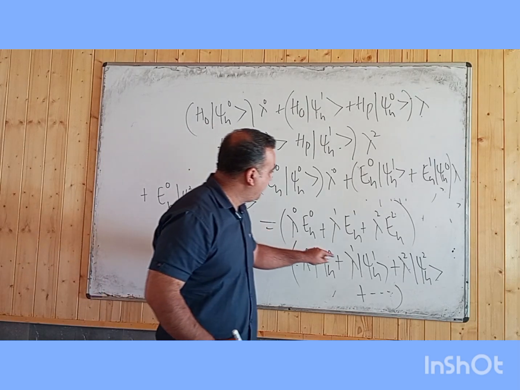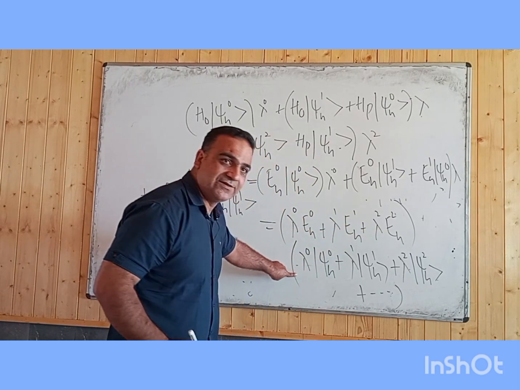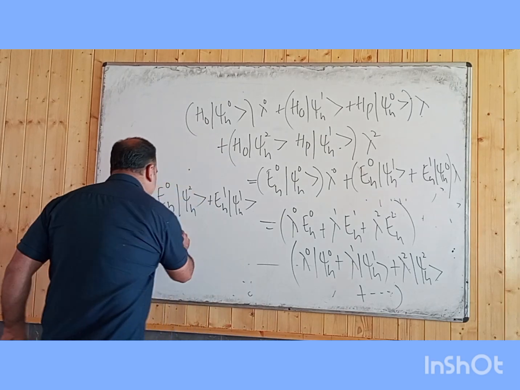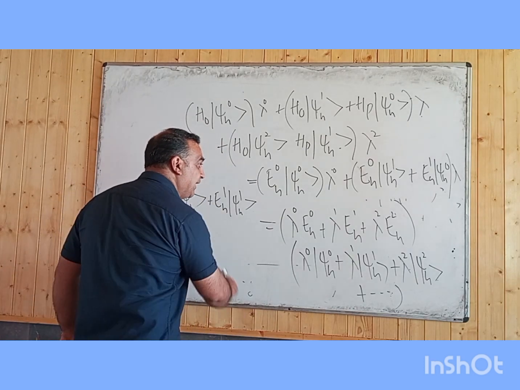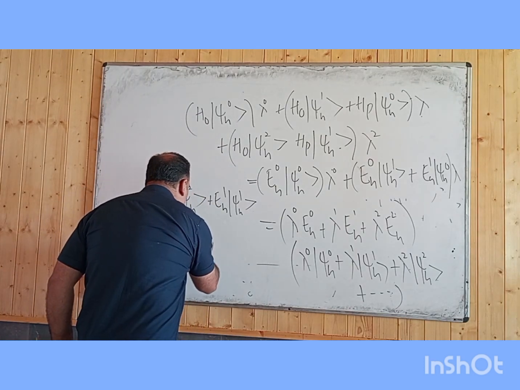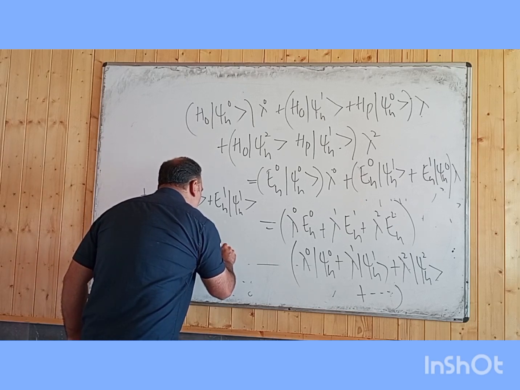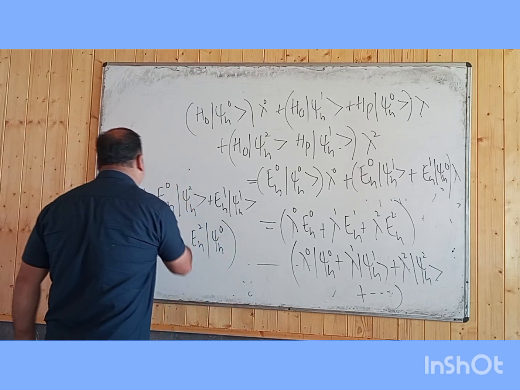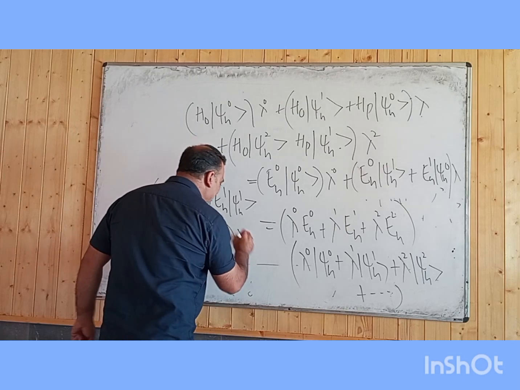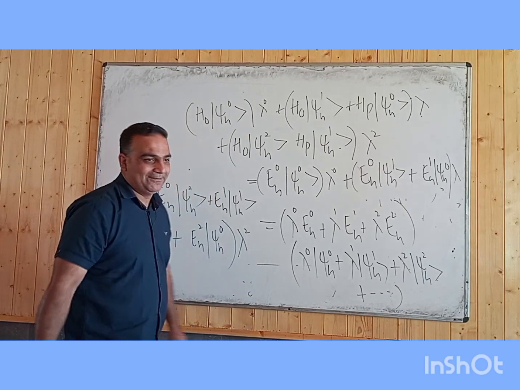Then I think this and this will give me the square. So plus E n 2 psi n naught, and I'm going to bracket it, and I'll keep lambda square outside.